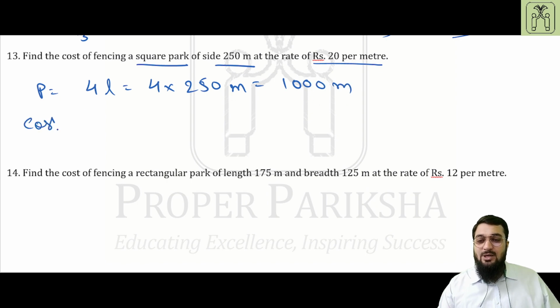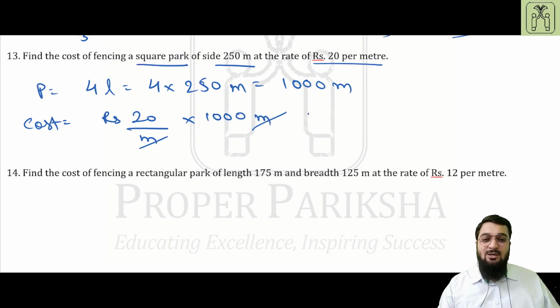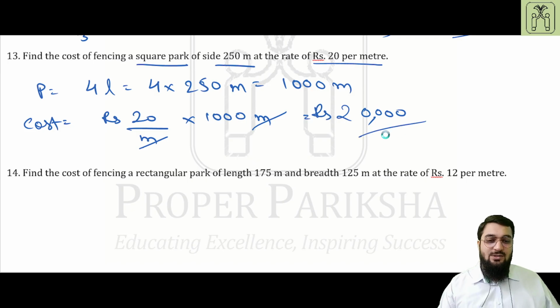The cost is 20 rupees per meter multiplied by the perimeter, 1000 meters. Meter will be cancelled out, and the answer will be 2 with 4 zeros, in rupees. This is the answer, 20,000 rupees.